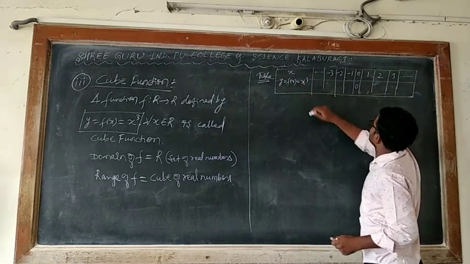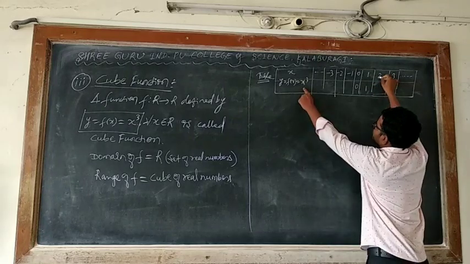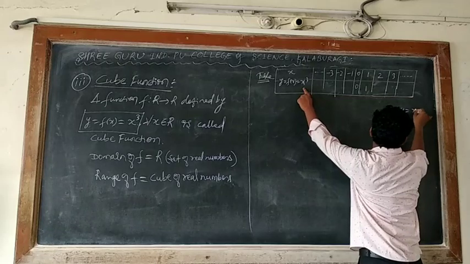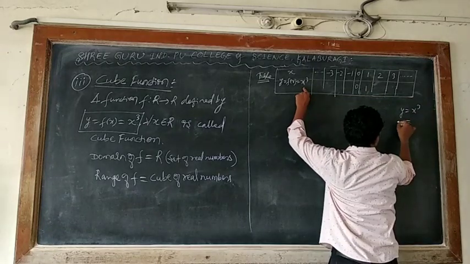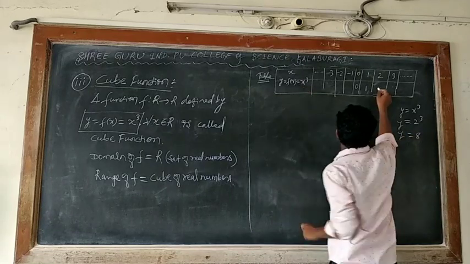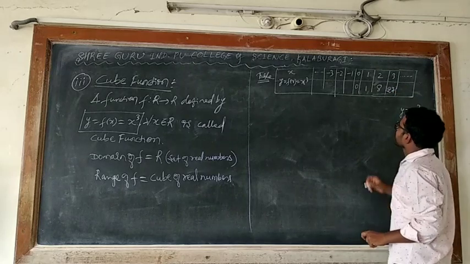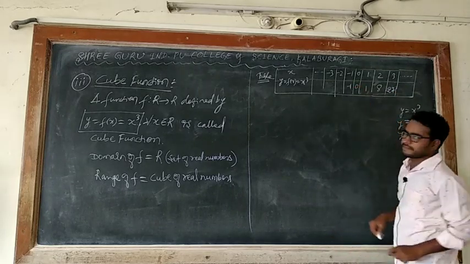0 cube is 0. 1 cube is 1 only. 2 cube: y is equal to 2 cube, so you get 8. 3 cube is 27. Minus 1 cube is minus 1.